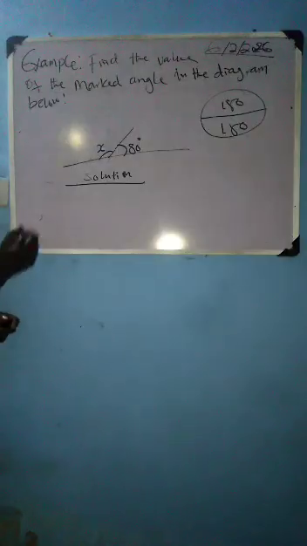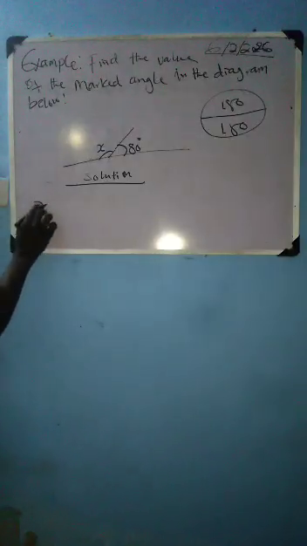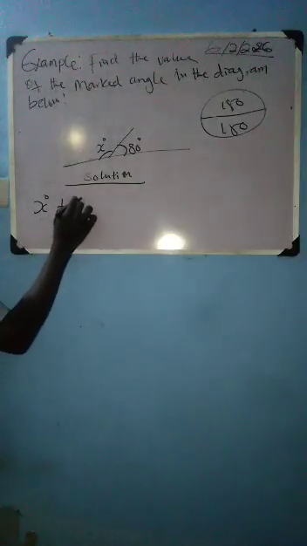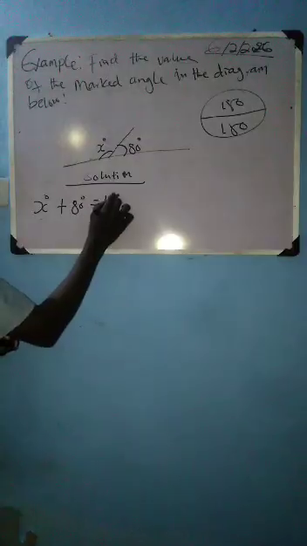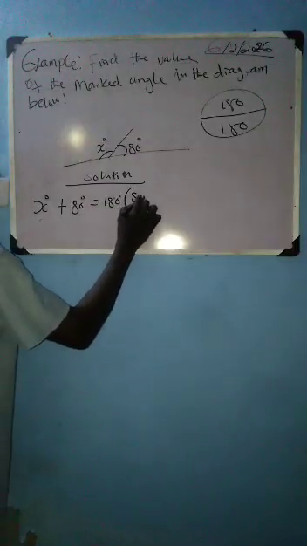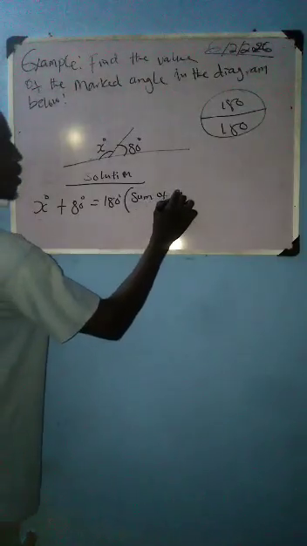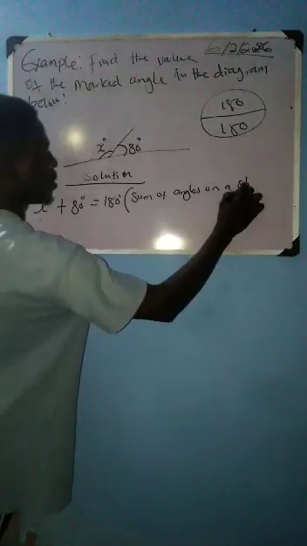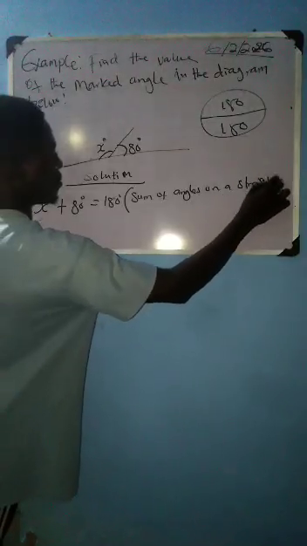Okay? So we say sum of angles on a straight line, which is x degrees plus 80 degrees, is equal to 180 degrees. Open bracket, sum of angles on a straight line.